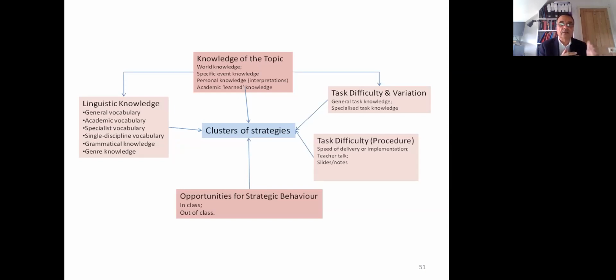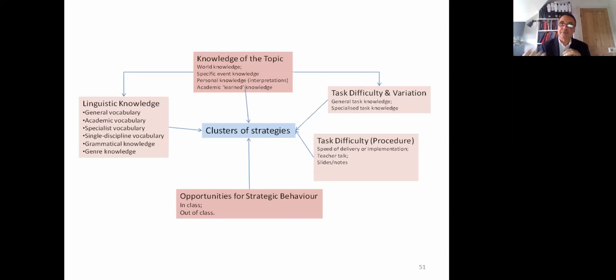If you look at the left-hand side first, we need to think about linguistic knowledge. What is the linguistic knowledge that students in their EMI contexts have or need? I've tried to differentiate between different disciplines. Knowledge of the topic. Again, I've tried to differentiate between different disciplines.